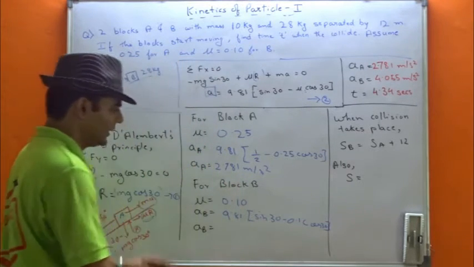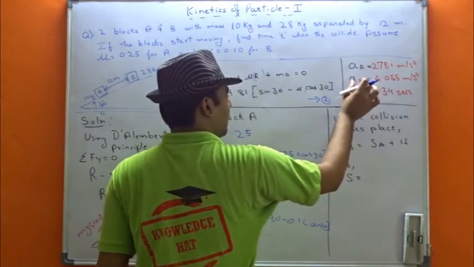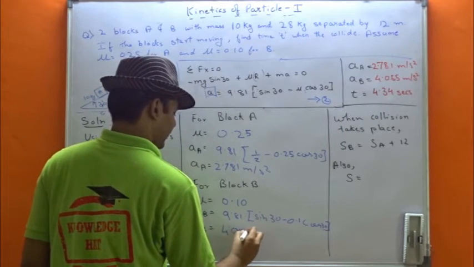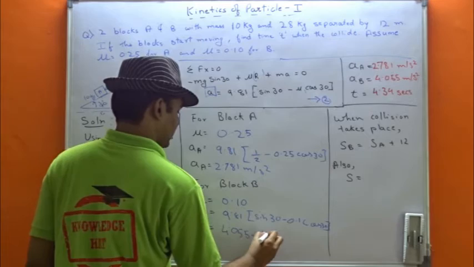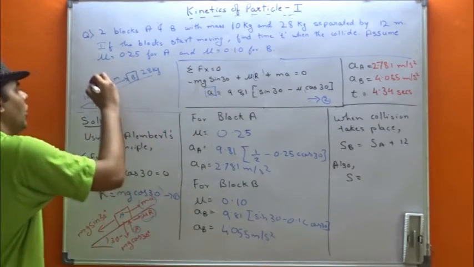When we calculate these values, we get the acceleration of block B as 4.055 meters per second square. Now these are the accelerations of blocks A and B.